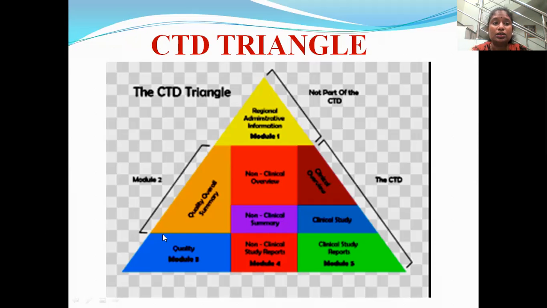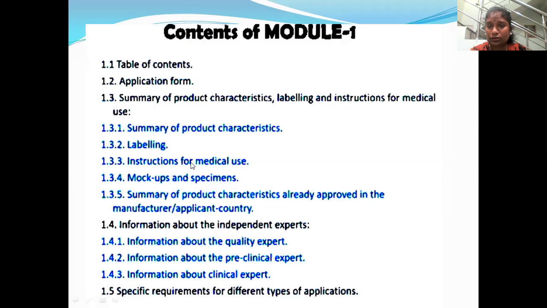It contains mainly five modules: module 1, module 2, module 3, module 4, module 5. The top triangle we call module 1, but it is not included in CTD.